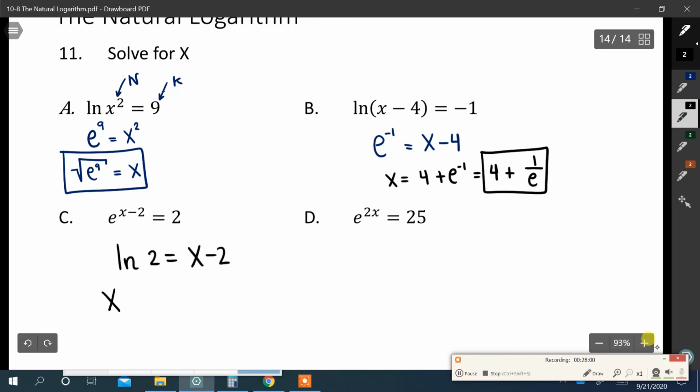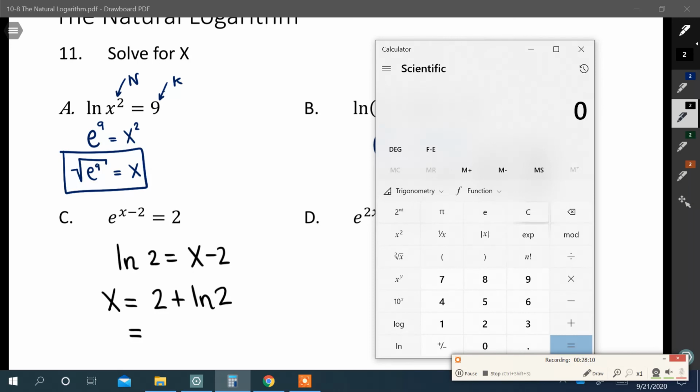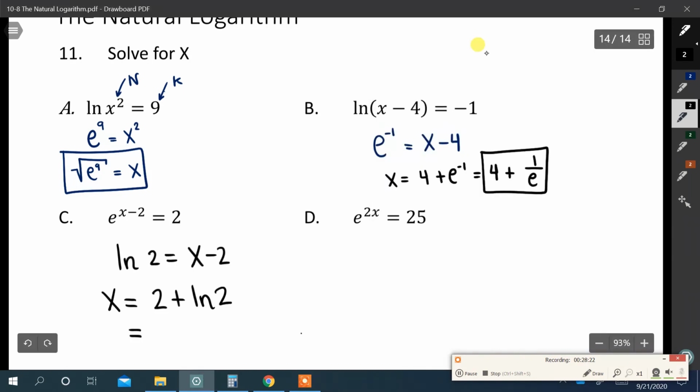And then x is equal to 2 plus the natural log of 2. You could use a calculator on this one. Press 2 and then natural log, and then you can add the 2 there. And that will give you 2.69.